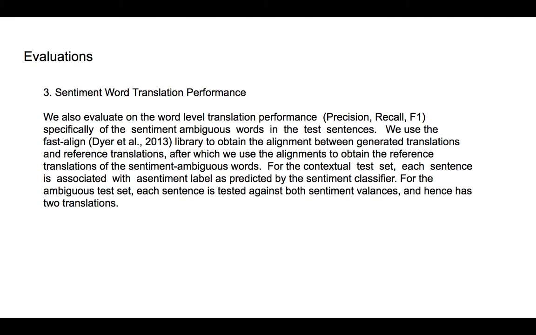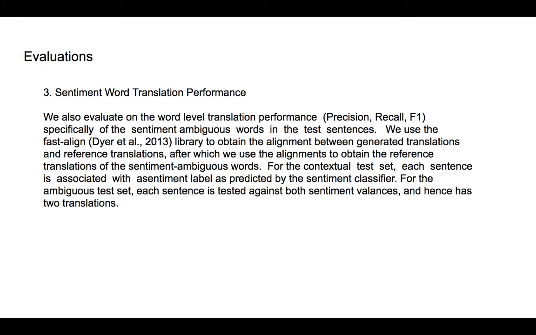And then we use the alignments to get the reference translation of the sentiment ambiguous word, and then we do the evaluations. And for the contextual test set, each sentence is associated with a sentiment label as predicted by the sentiment classifier. And then for the ambiguous test set, each sentence is tested against both sentiment valences. So actually it's the same as the previous evaluations. So for the contextual test set, there's one translation generated.